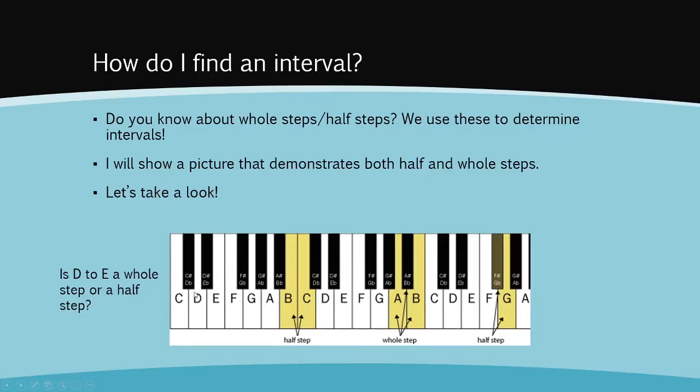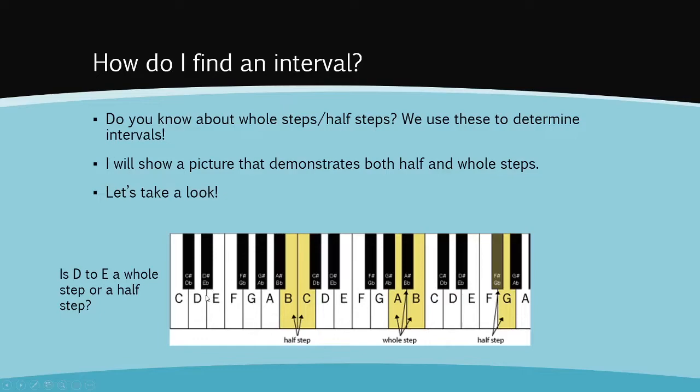Well, yes, there is: D sharp or E flat. Because there's a black key in between, it's going to be very similar to this. So what do you think? Is this a whole step or a half step? The answer should be whole step.